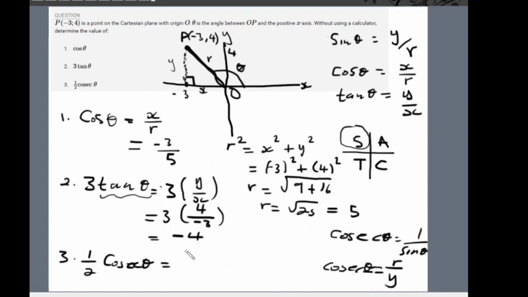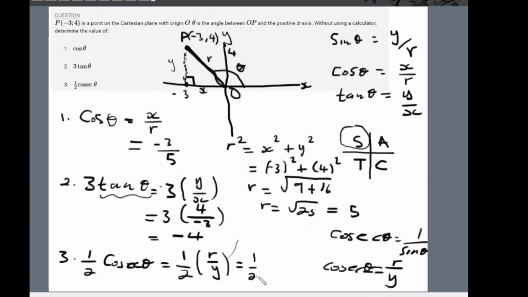So last is 1 over 2 times cosec theta, which is the reciprocal of sin theta. Sin theta is y over r, therefore for cosec theta we will swap the denominator and the numerator. We will have cosec theta as r over y, right?